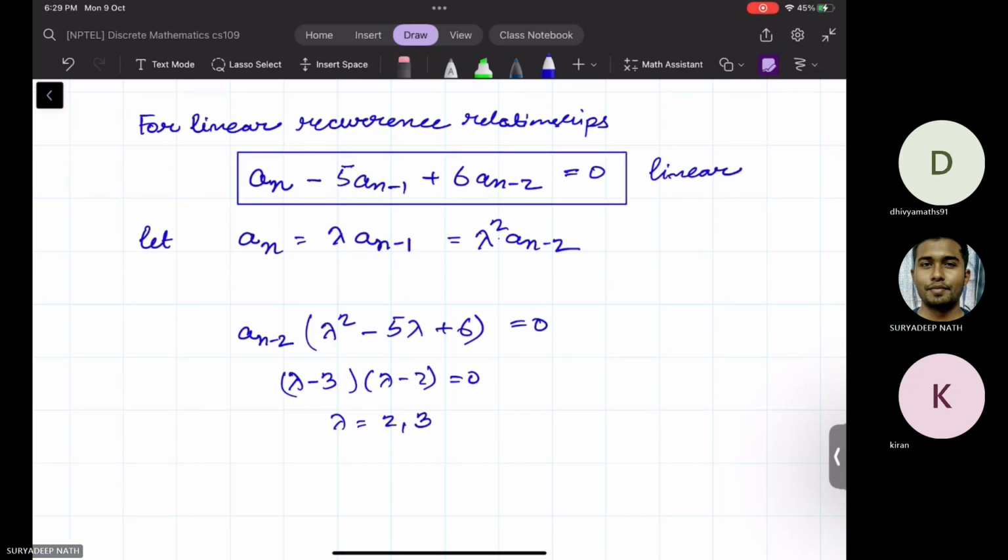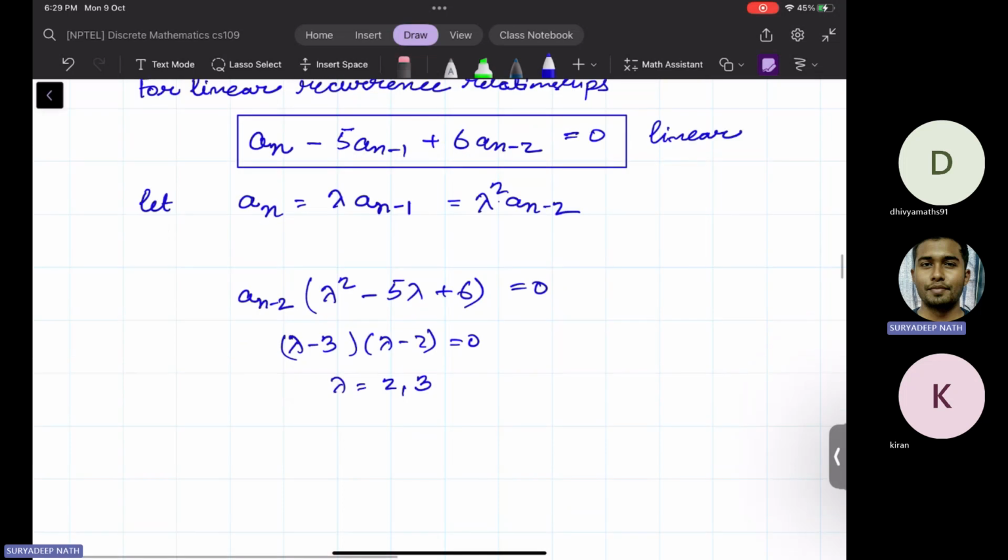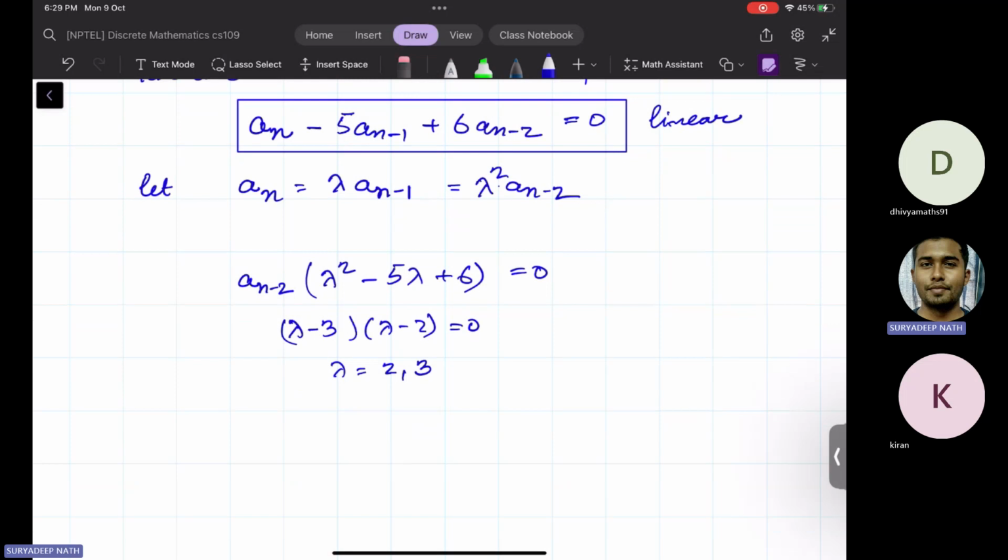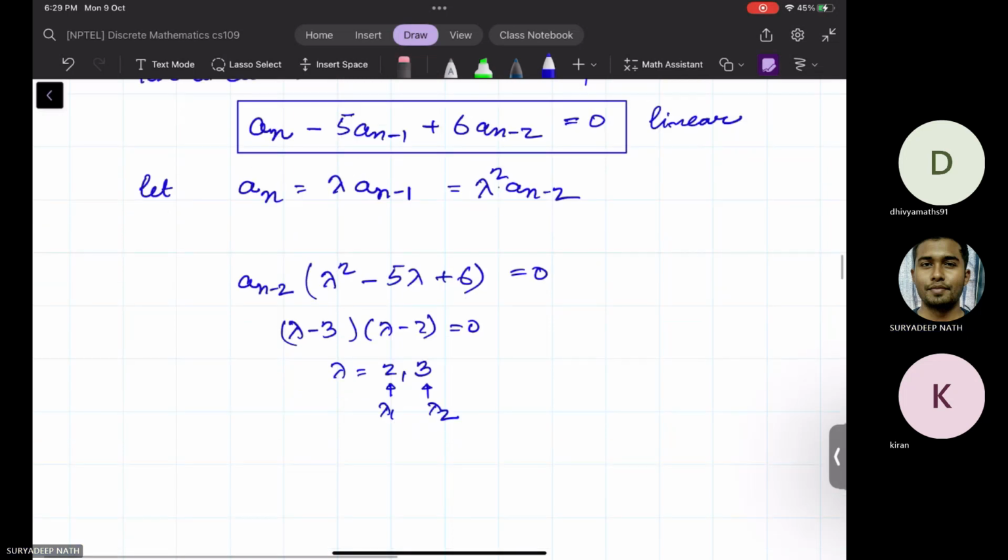Since this expression is linear, let's say this is lambda 1 and this is lambda 2.